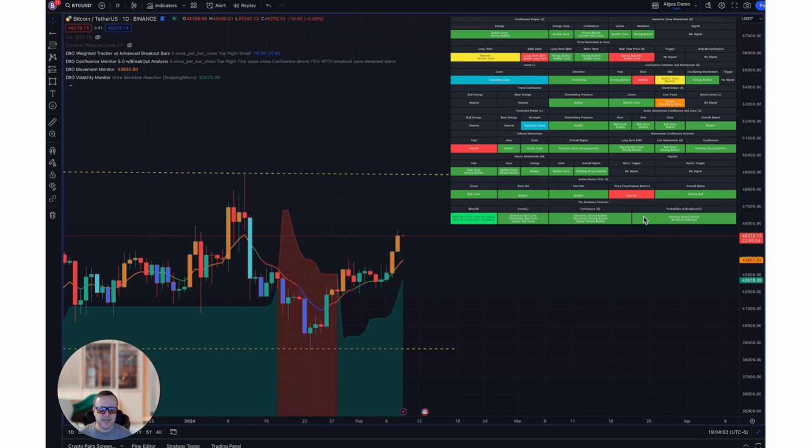And that is where some of this comes into play, right? This active money flow section, and this price, flow, volume, metrics, analytics section.